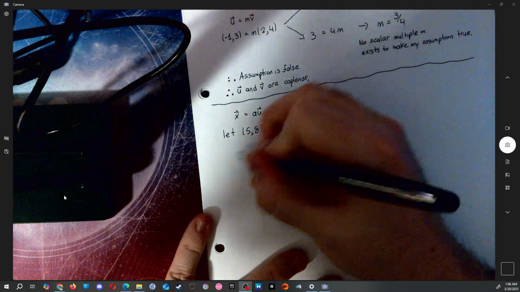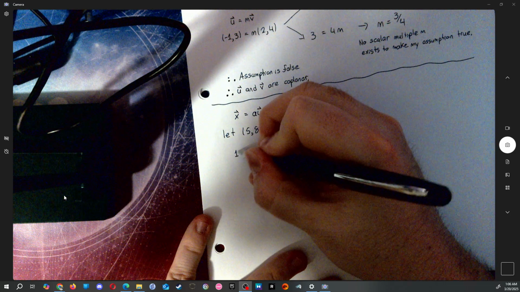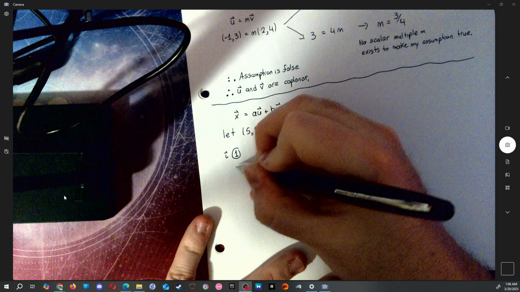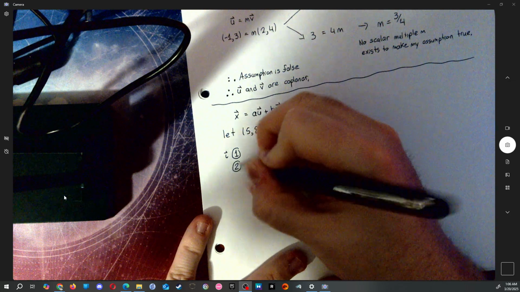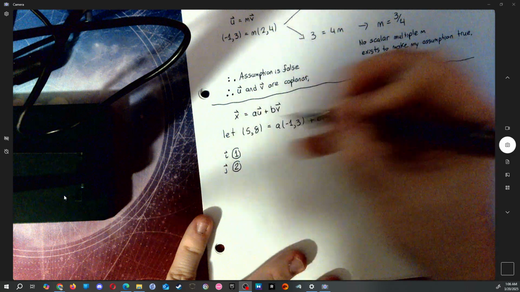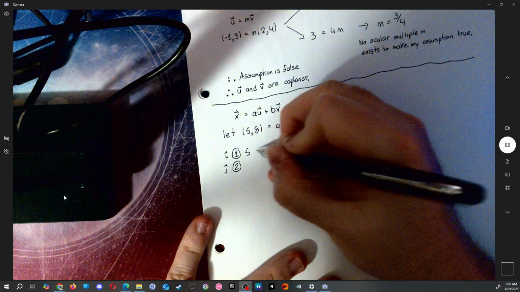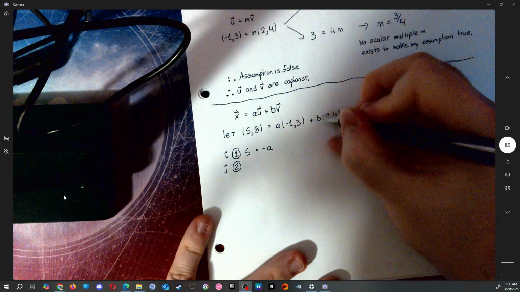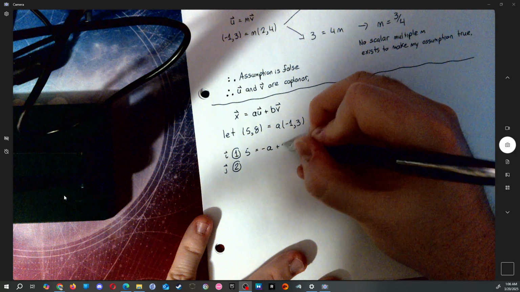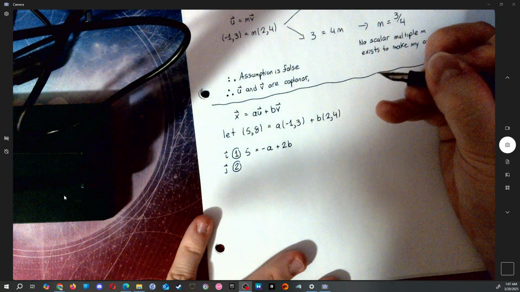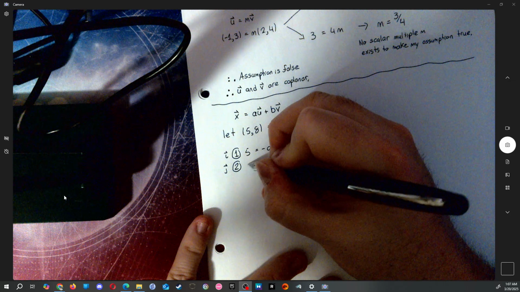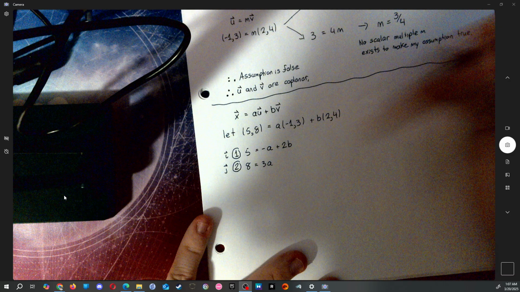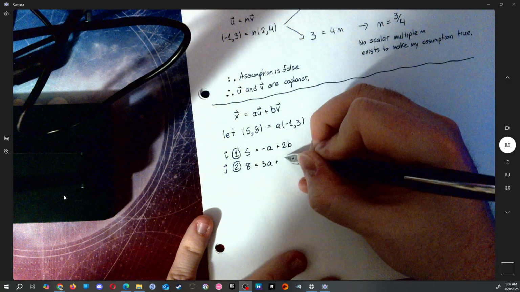And now I've just got my first equation, so let's label it 1, which is my i components. Equation 2 will be my j components. I've got 5 is equal to -1a, so minus a, plus 2b. And then here I've got 8 is equal to 3a plus 4b.